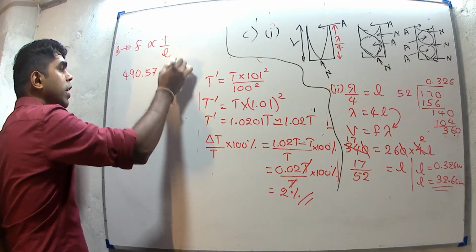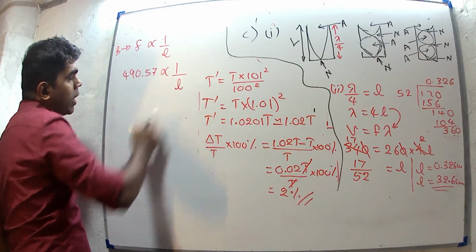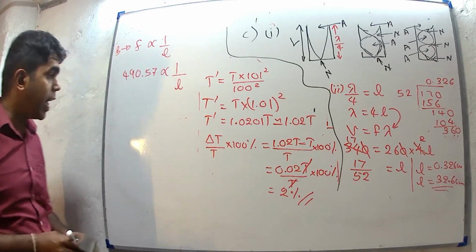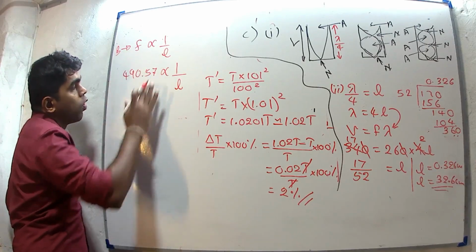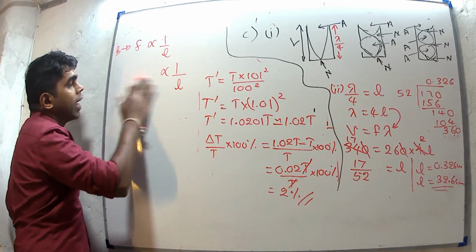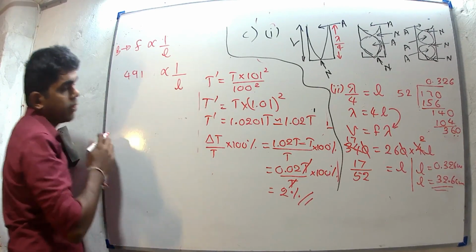We found it in part B. We have to calculate the corresponding length. I will consider the length as L. We can use the rounded off whole number 491 when calculating length.